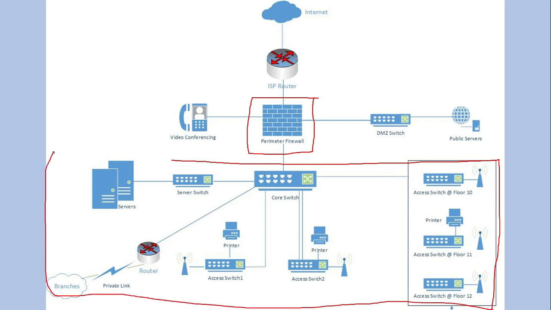These are all internal, where all the servers, users, and branch remote users are. Then you have this video conferencing VC segment. Then you have this DMZ segment, which is for your public users to access your public servers. And of course, the fourth is the WAN, to the internet. So this is one way.